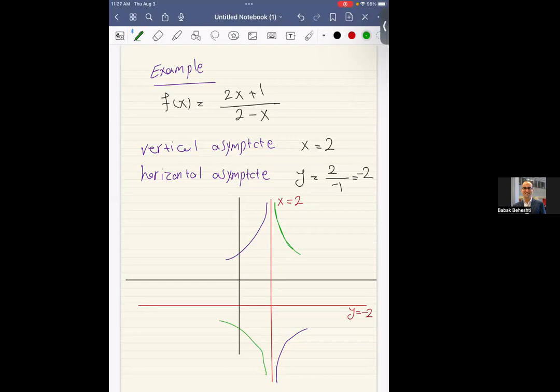That means you have the purple one. So when you approach x equal to 2 from the right-hand side, you have negative infinity. When you approach x equal to 2 from the left-hand side, you get plus infinity. So that means the graph, I will explain more, but let me just first draw it.